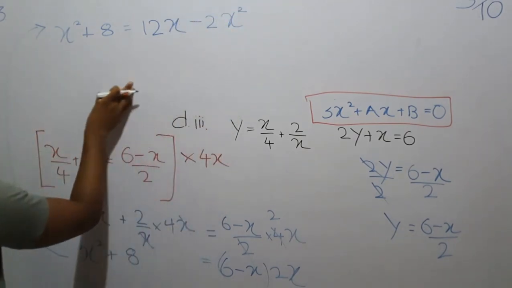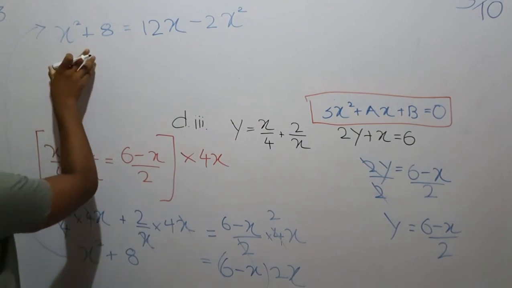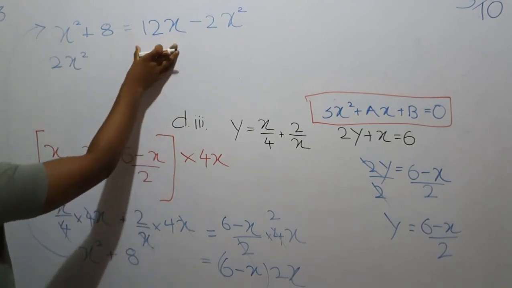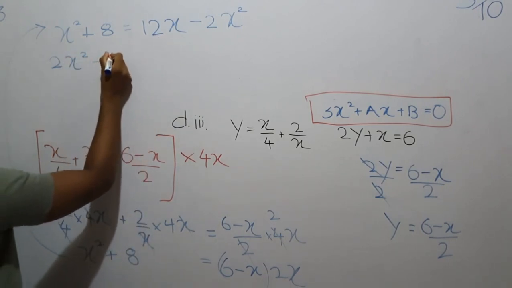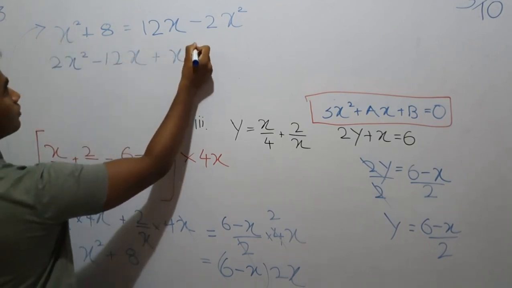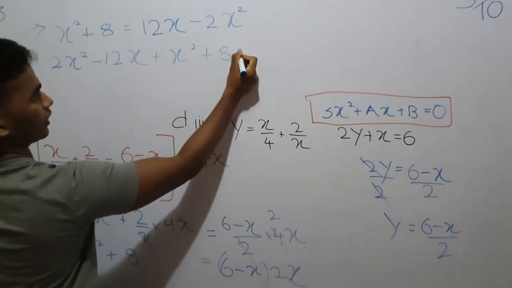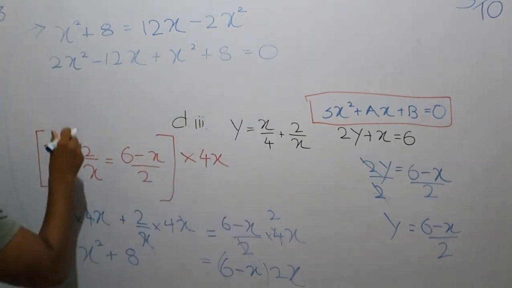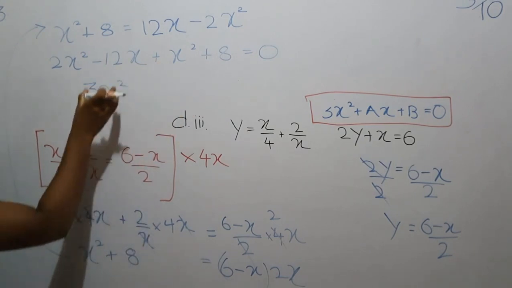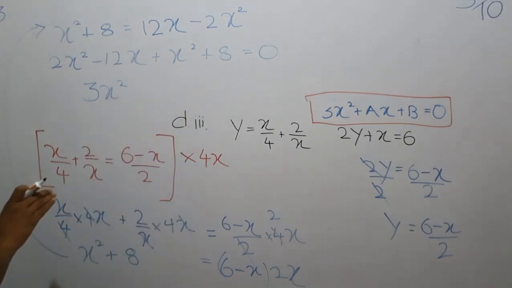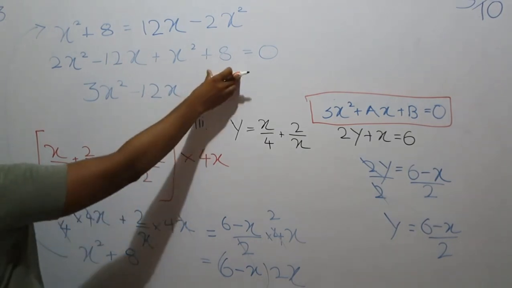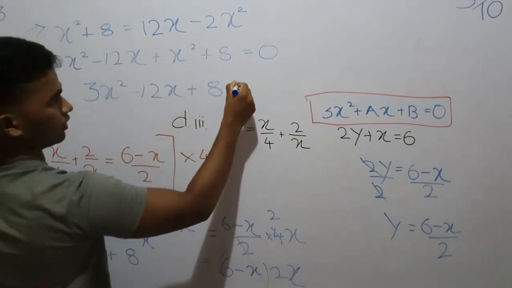Take this minus 2x square to this side and it becomes plus 2x square. So plus 2x square, and this 12x to this side, minus 12x, and this 2 plus x square plus 8 equals 0. 2x square plus x square is 3x square, minus 12x, plus 8 equals 0.